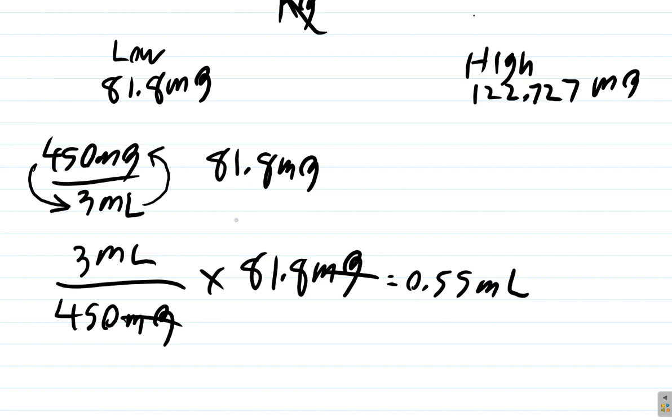So in order to get 81.8 milligrams, you're looking at 0.55 milliliters. Let me write the 0.55 milliliters here.